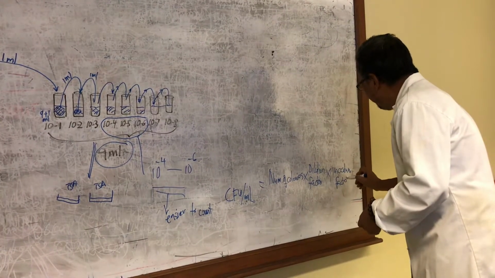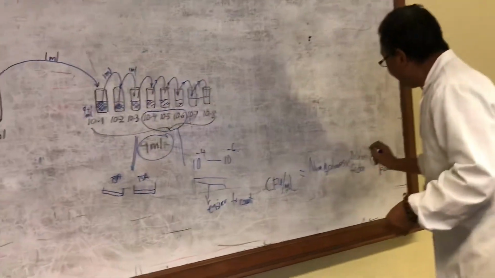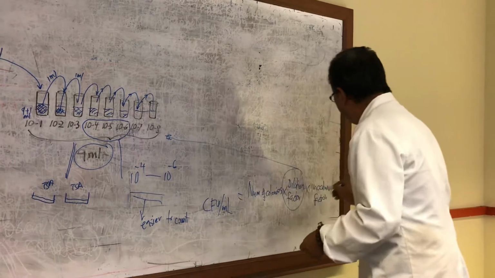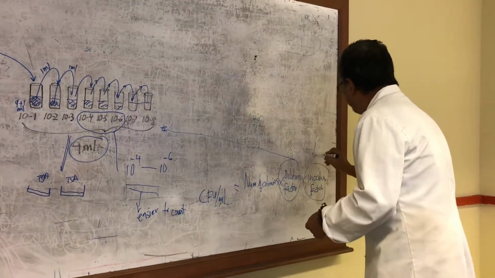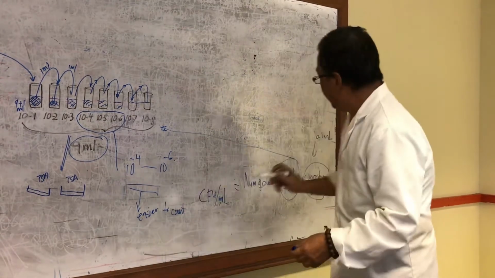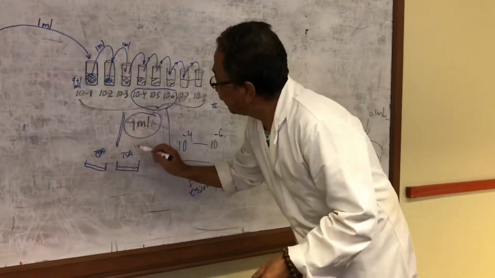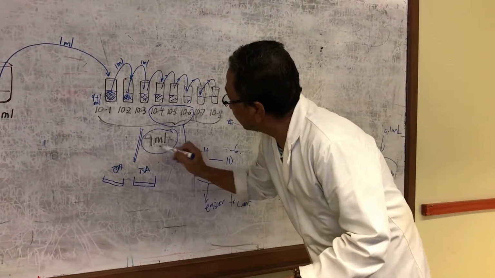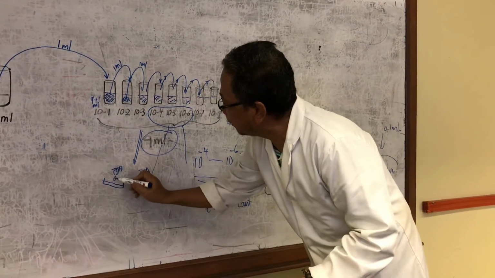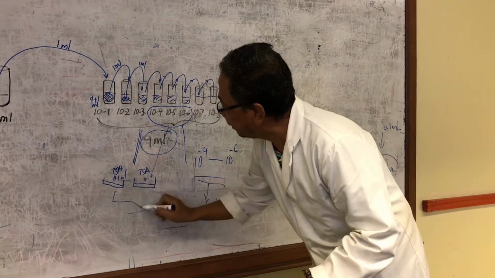Remember that the dilution factor is from the dilution series, and the inoculum factor is that you put 0.1 mil into the media. Let's say from here you put 0.1 mil. Usually you do duplicate.